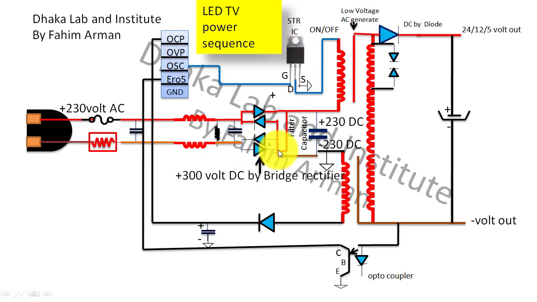Then the negative signal will pass and enter the filter capacitor negative point. Then this is the negative terminal of the transformer, and it is related to the optocoupler and will work with the negative terminal. Then the negative DC low voltage will pass out.